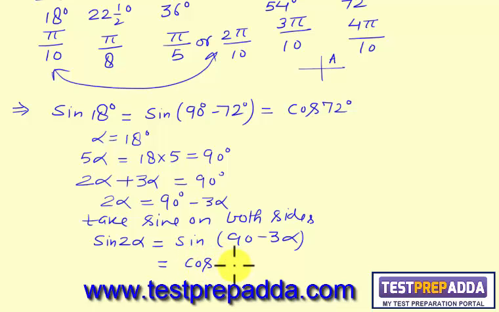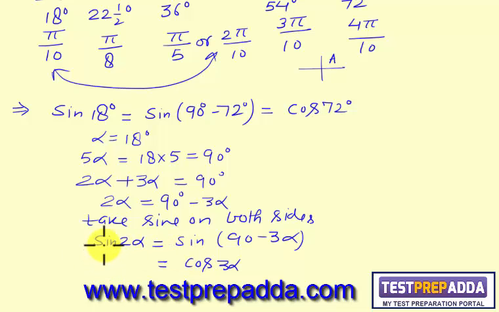Sine will be converted into cos 3 alpha, and it will be positive because 90 minus 3 alpha will fall into the first quadrant, and in first quadrant all trigonometric ratio values will be positive.